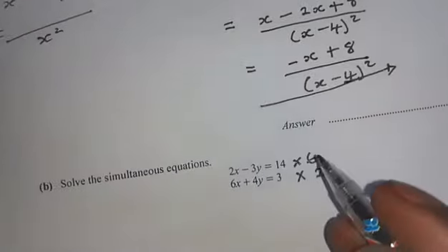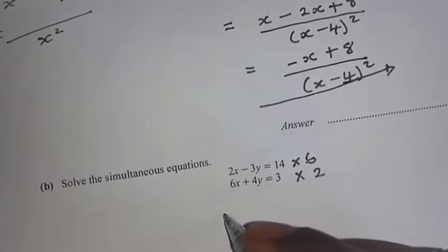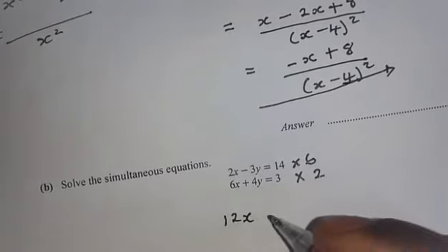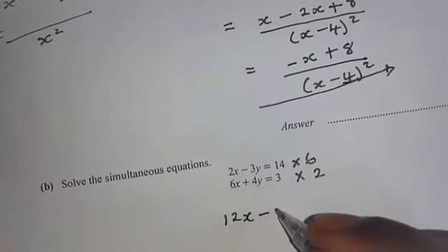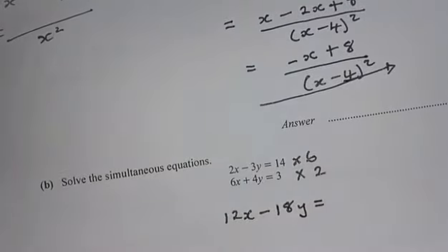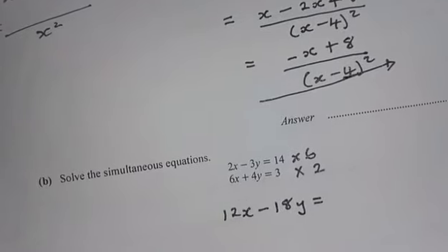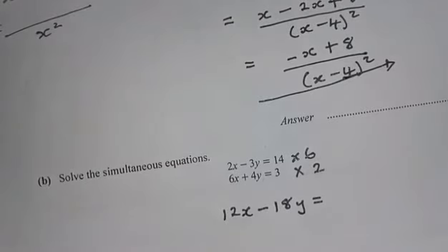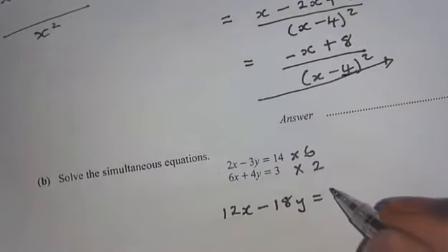So 6 times 2x, you get 12x. 6 times minus 3y, you get minus 18y. Then 14 times 6 gives you 84. So you write 84 here.